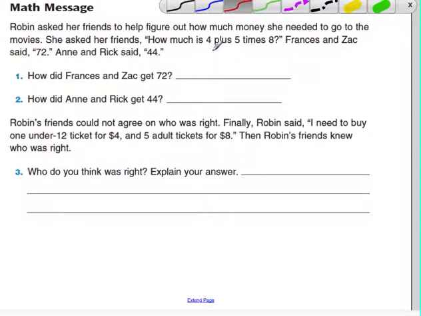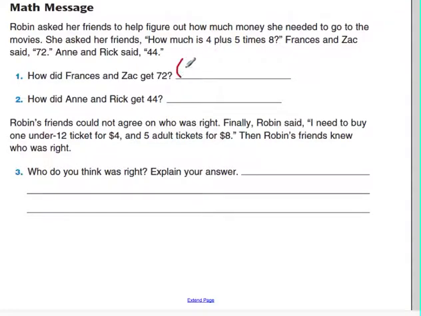In order to get 72, you would have to first add 4 plus 5. When you add 4 plus 5, you get 9, and then multiplying that times 8, 9 times 8 is 72.